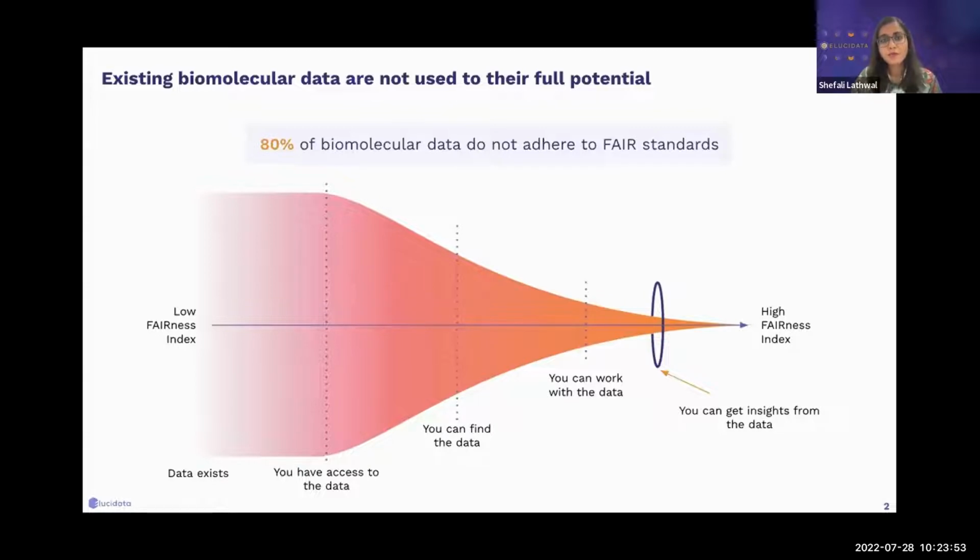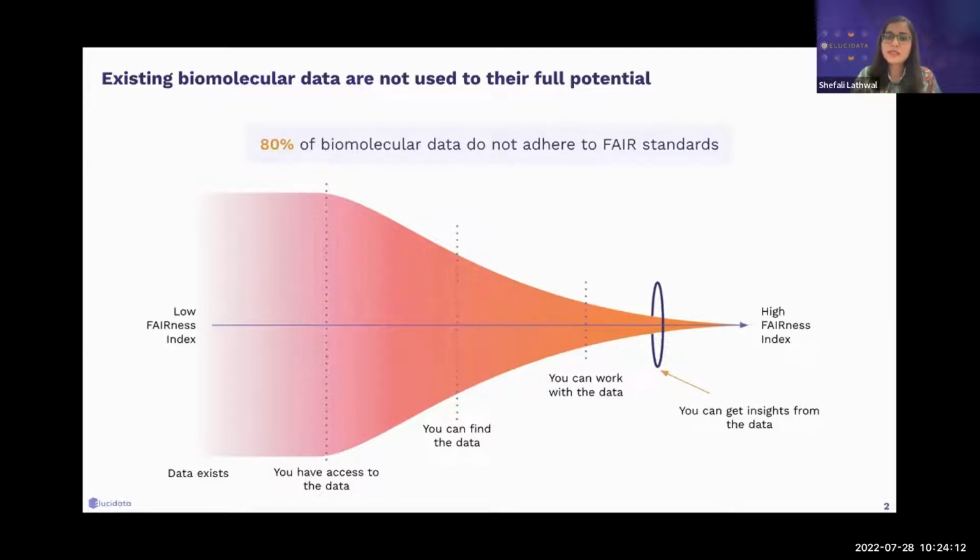Secondly, you don't just need to have access to the data, you also need to be able to find the data. And this is a particularly challenging problem that we are going to dive into a little bit more today, because a lot of data that exist are actually siloed across many different sources.